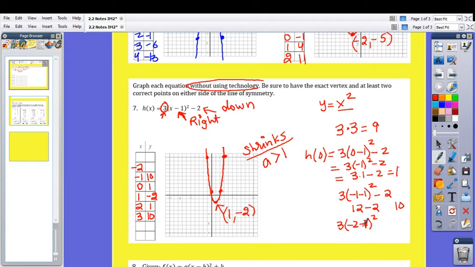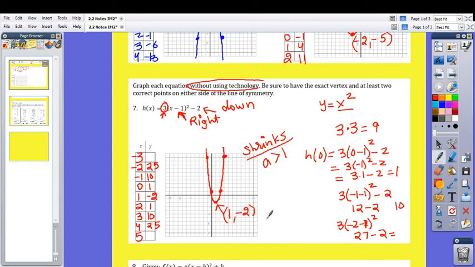So this is -3. -3 times -3 will be 9, and then 9 times 3 is 27. 27 take away 2 will give you 25. So 25 for 4. And let's figure out for -3.